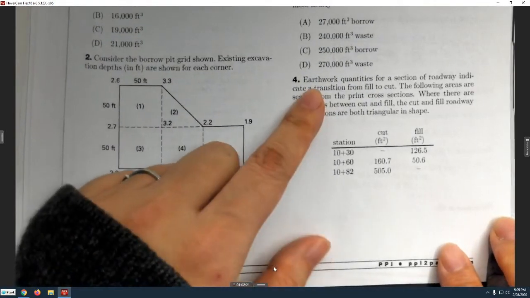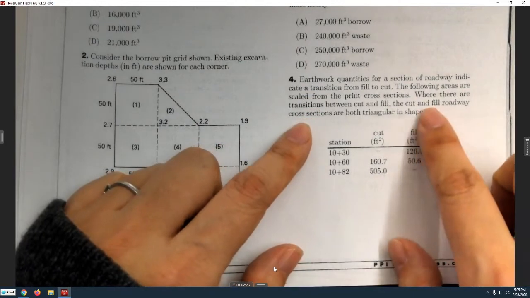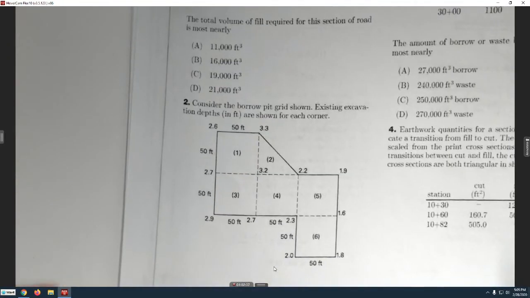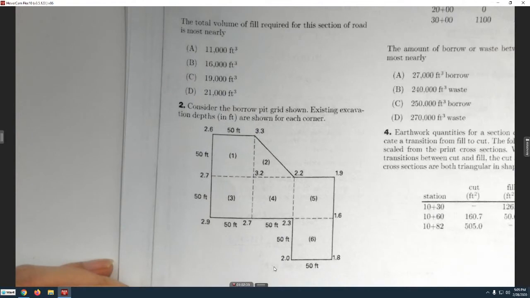Now this one, earthwork. The total volume of fill required. It's the same thing. Okay, just calculate the volume.